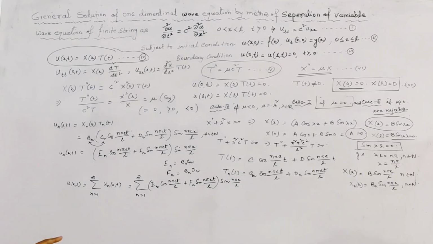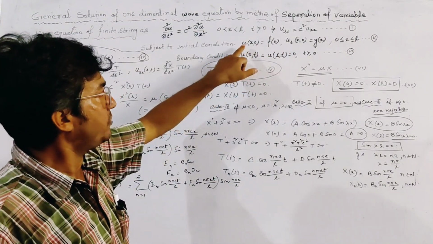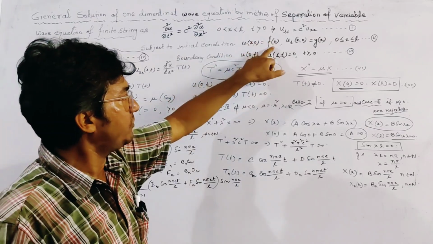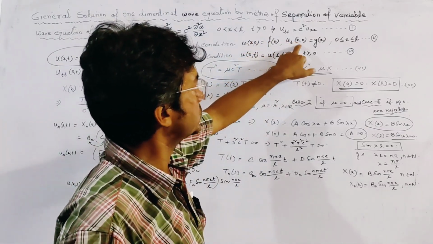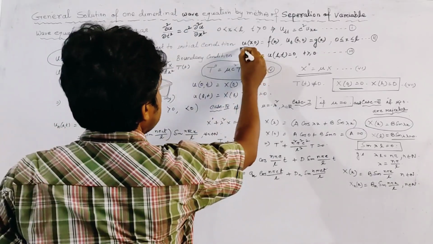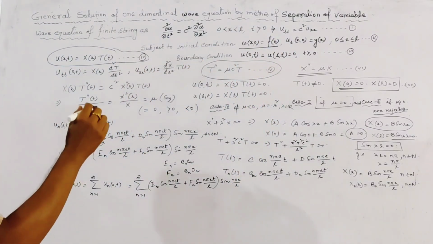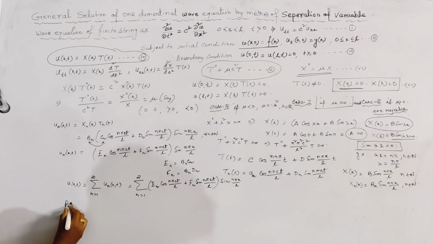Now we use the initial conditions given by 2. This is u(x,0) equal to f(x), and u_t(x,0) equal to g(x). We use the first relation u(x,0) equal to f(x). To use this, we put t equal to 0 here.